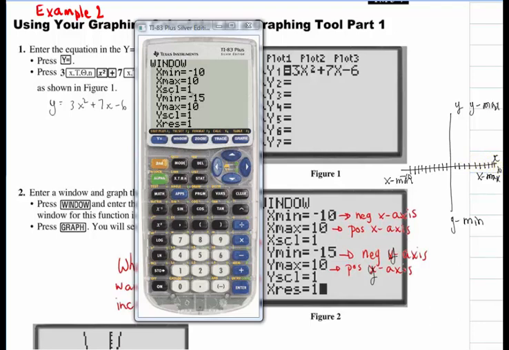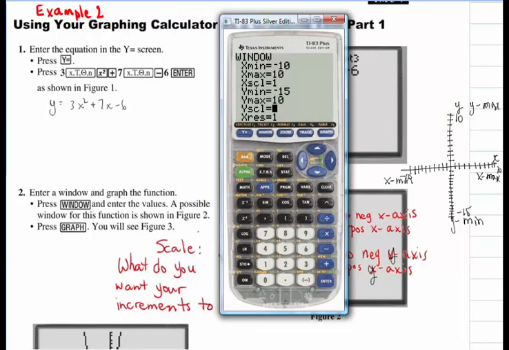Your y min will go down to -15, so 1, 2, 3, 4, 5, 6, 7, 8, 9, 10, 11, 12, 13, 14, 15. And a y max at 10, so 1, 2, 3, 4, 5, 6, 7, 8, 9, 10. Okay, so when you get to your graph, you should have an x-axis that goes from -10 to 10, and a y-axis that goes from -15 to 10.